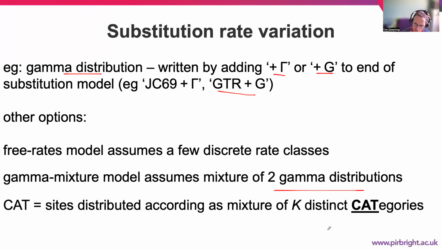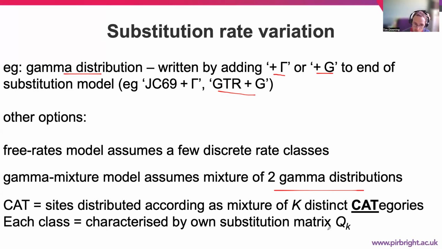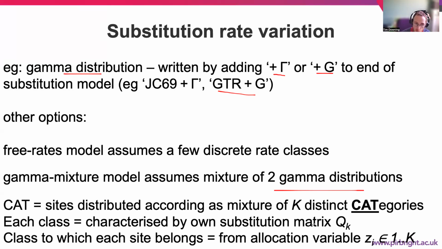The number k would vary depending on the actual alignment. These different categories come from the substitution matrix Q, and the class to which each site belongs is from the allocation of some variable Zi, which comes from these categories.